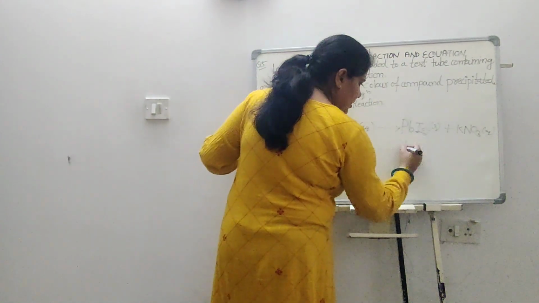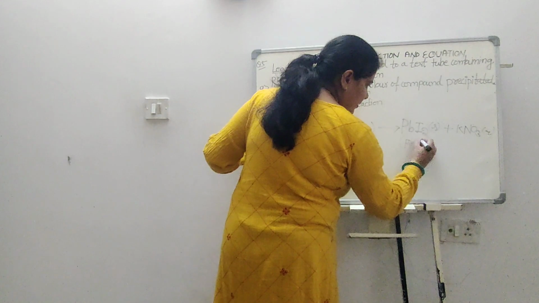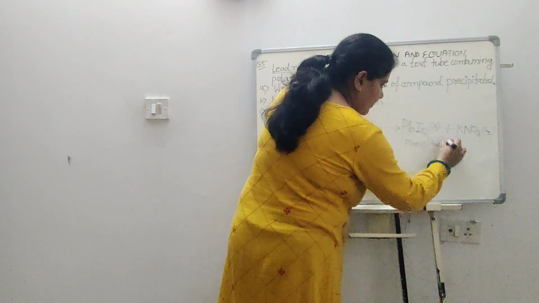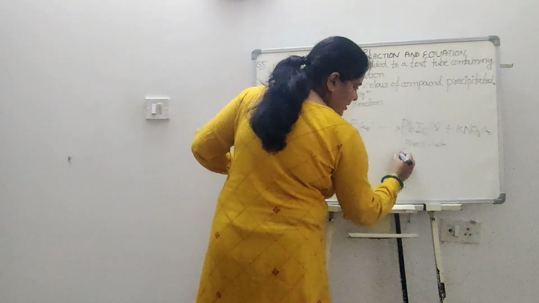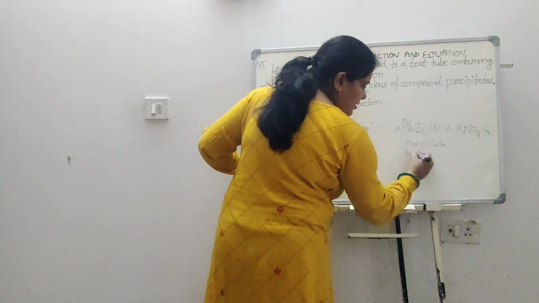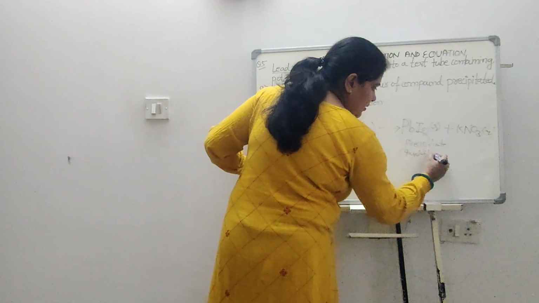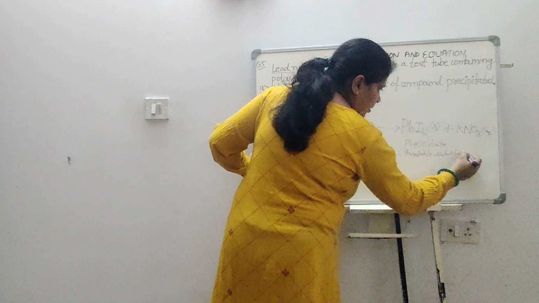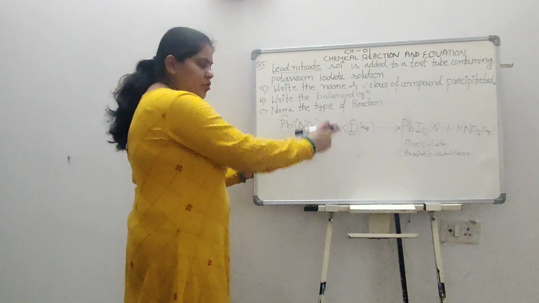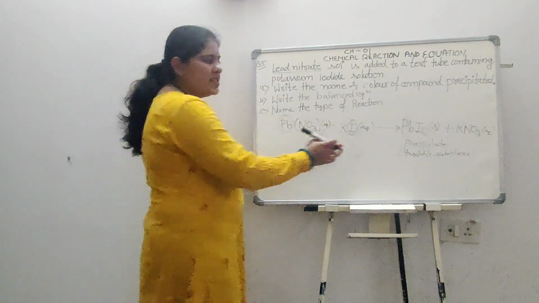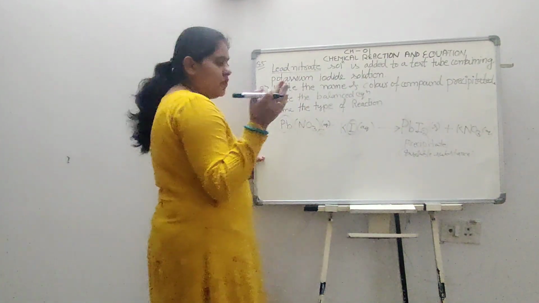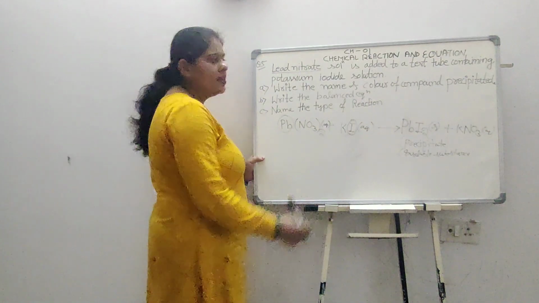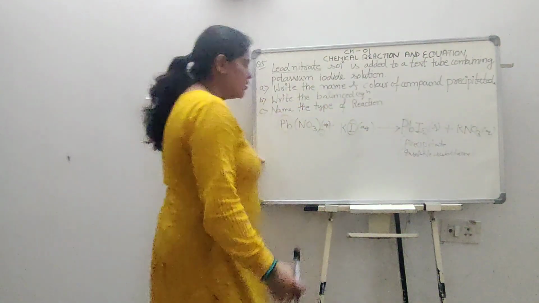The solid is the precipitate. Precipitate means insoluble substance. So when you mix lead nitrate solution with potassium iodide solution, you see an insoluble substance, lead iodide, and KNO3 solution.